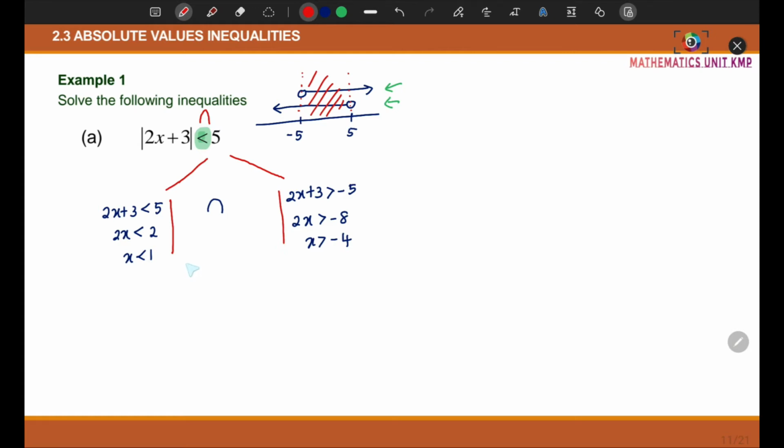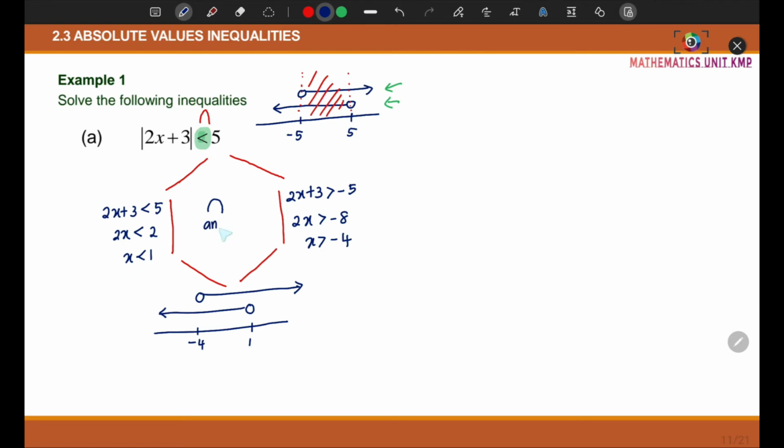And the last step, we combine these two inequalities on a number line. So we have negative 4 and 1. On the left, we have x less than 1, open circle to the left, and we have x greater than negative 4 to the right. So which interval are we looking for? Look inside this diamond. We want the intersection.